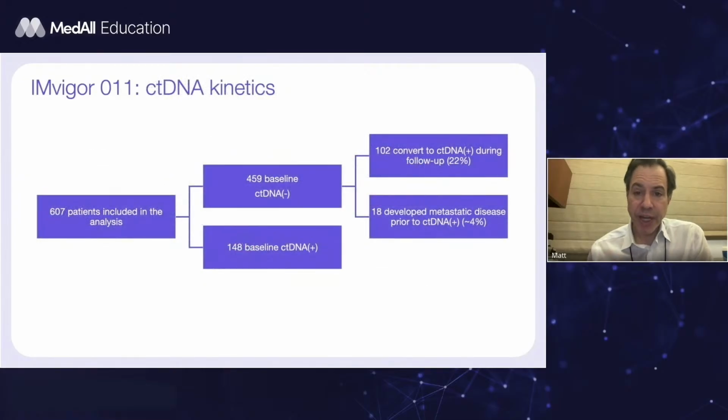The study was designed really to look at patients with detectable ctDNA treated with atezolizumab versus placebo, regardless of the timing of that ctDNA detectable assay. And so the data are presented in the manuscript and when the study was initially presented in that fashion.